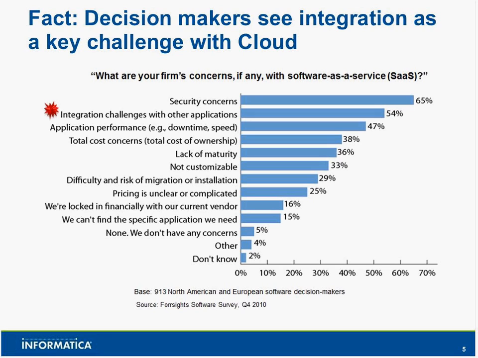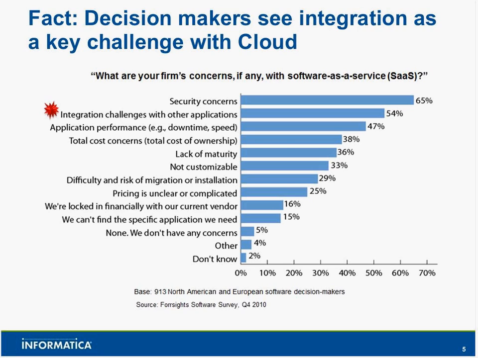An interesting point from Forrester is that integration is often seen as a barrier to cloud application adoption. Security is always the first question that IT organizations are going to ask.